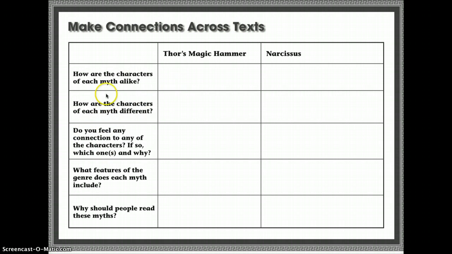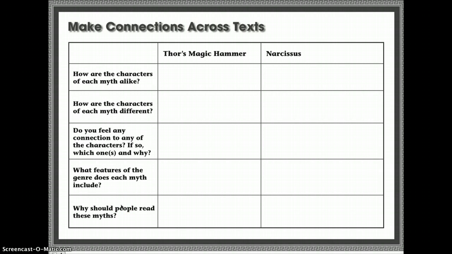Do you feel any connection to any of the characters? If so, which ones and why? What features of the genre does each myth include? Now, you might have to go back to your web of features of myths to help you with that. And then, why should people read this myth?